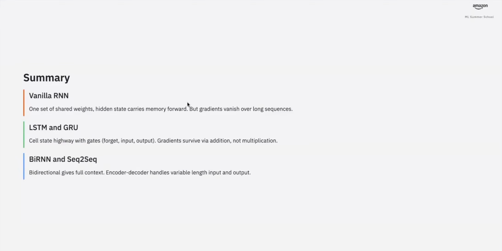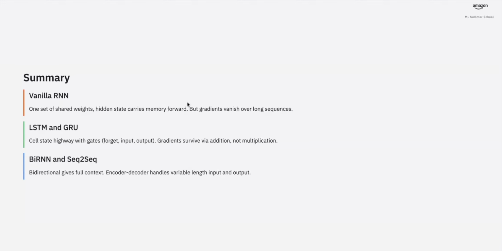Then we looked at two architectural extensions. Bidirectional RNNs run two separate passes, one left to right and one right to left, and concatenate the hidden state at every position. That gives you full context at every word, which is exactly what you need for tasks like sentiment analysis or named entity recognition.